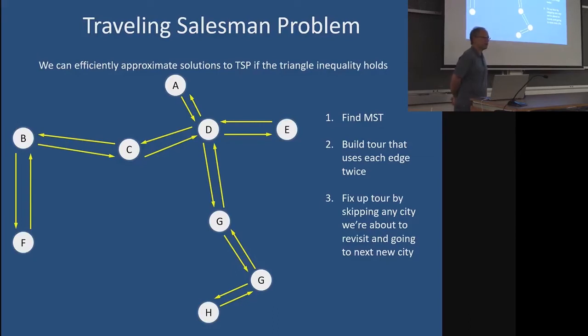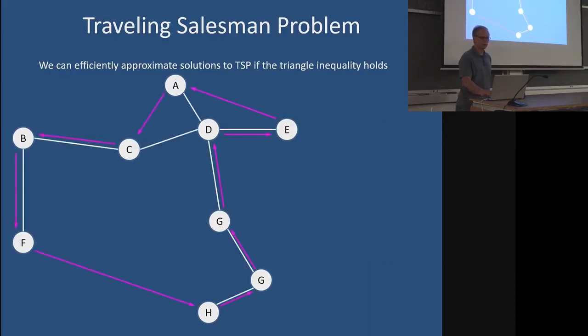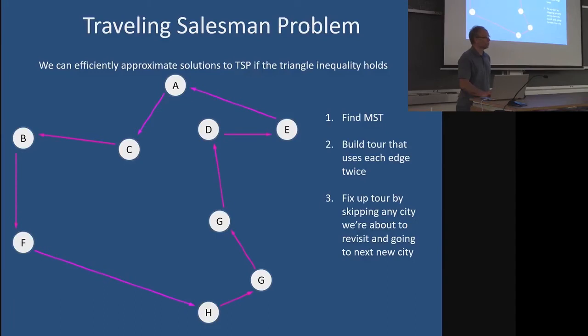So 2 MST is equal to the length of the yellow tour. Now, what's the relationship of the pink tour to the yellow tour? So I'm going to convert this into the pink tour. The pink tour is shorter than the yellow tour. So if 2 MST was equal to the yellow tour, and the pink tour is even shorter, 2 MST is going to be greater or equal to the pink tour.